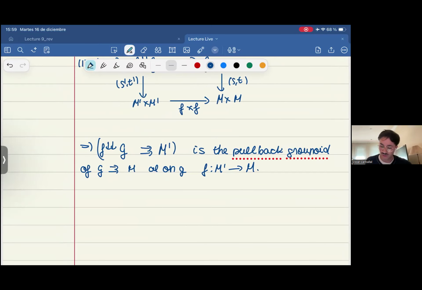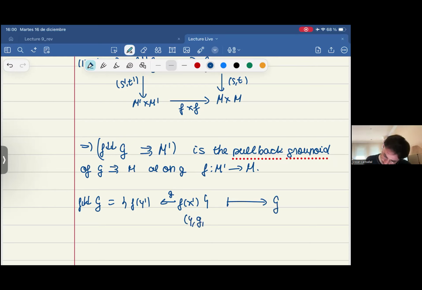Another interesting thing here, by construction, is that, recall that this thing here, the set of arrows, is just arrows from the image of x prime to the image of y prime. So this thing here has a natural projection onto G: if we have an arrow g connecting the image of x prime and y prime, then the projection is just this thing here.